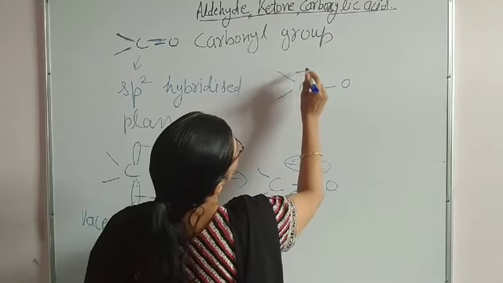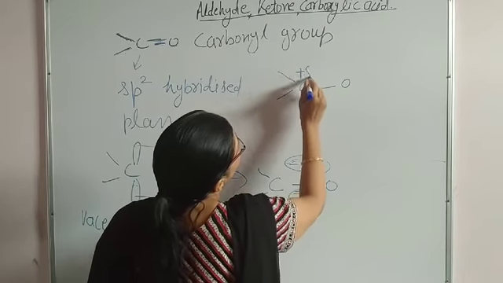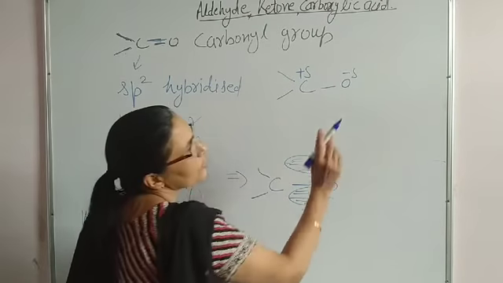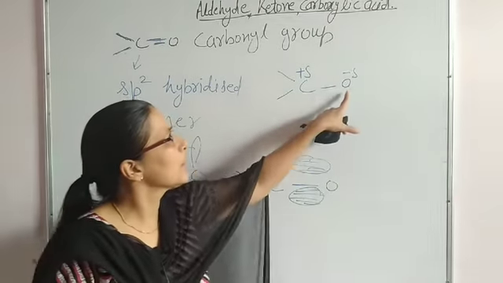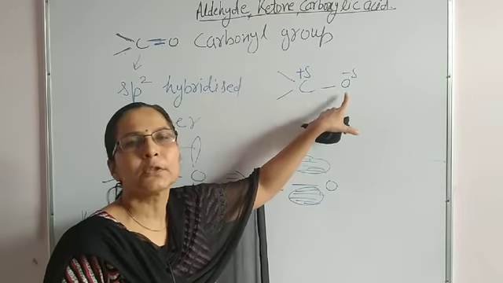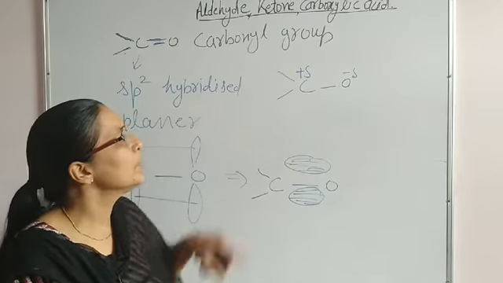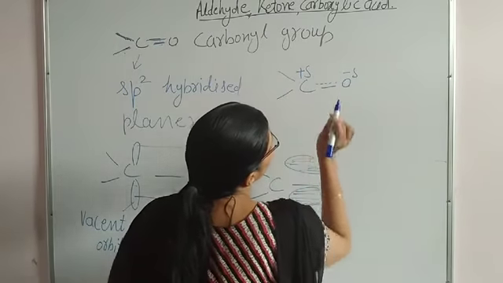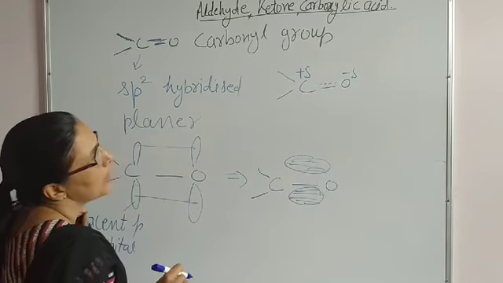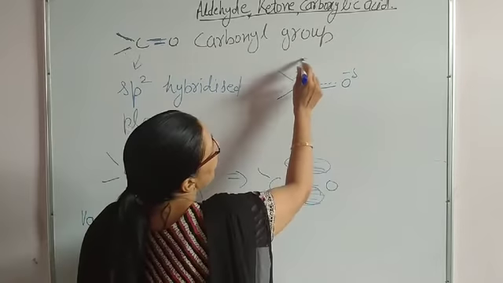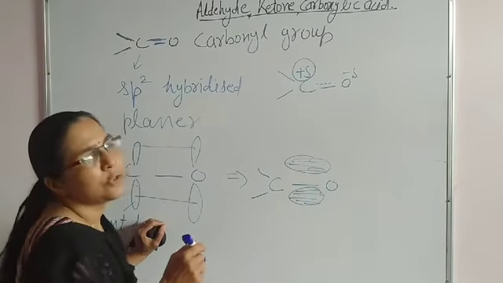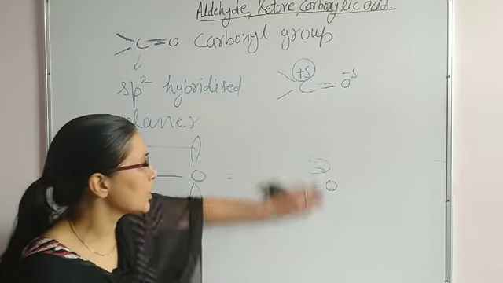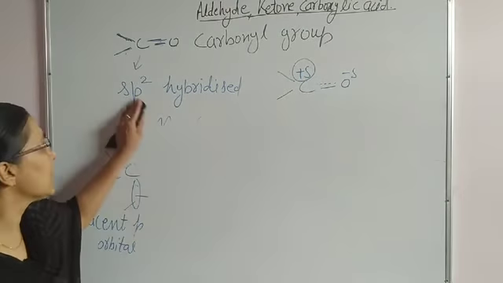Now the next parameter about the carbonyl bond, that C double bond O. It is partial positive on carbon, partial negative on oxygen. Why? Due to the higher electronegativity of oxygen as compared to carbon. So this double bond will be partially double bonded. And as carbon is acquiring positive charge, let us understand which type of species will attack this carbon.